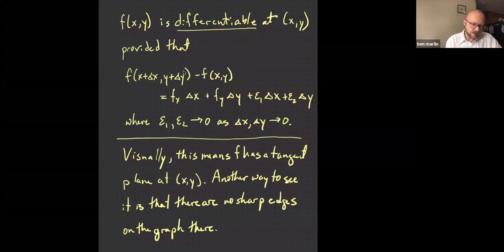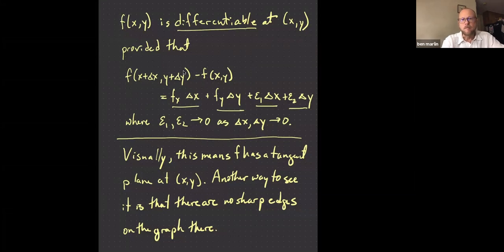So the pieces here are that we have f sub x, so the derivative of f with respect to x is going to appear and be multiplied by a change in x. The derivative f sub y will be multiplied by a delta y, and then we're going to have these kind of junk terms here, epsilon 1 delta x and epsilon 2 delta y.